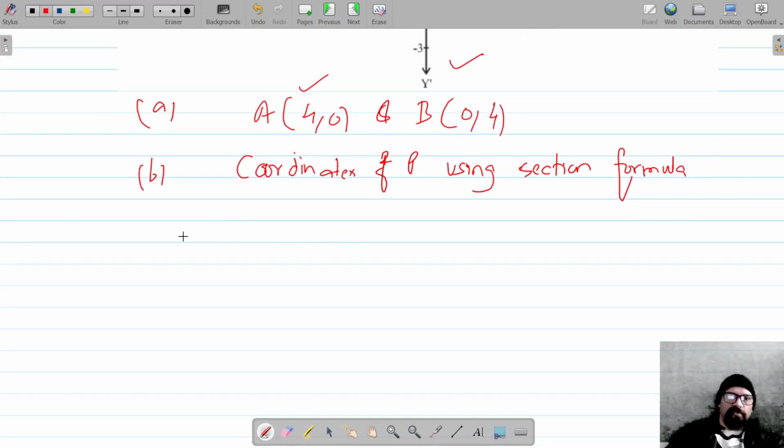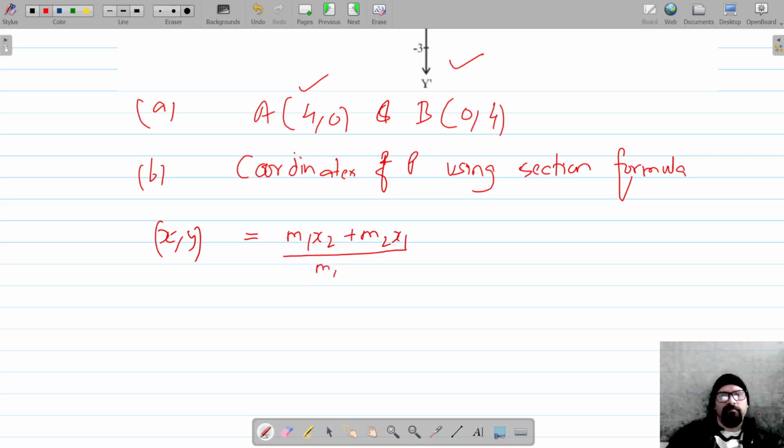The section formula says that the coordinates of P, x, comma y, are equal to m1 x2 plus m2 x1 upon m1 plus m2, and next, m2 y1 plus m1 y2 upon m1 plus m2.